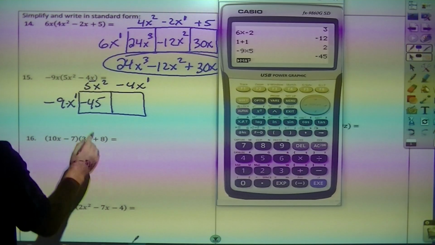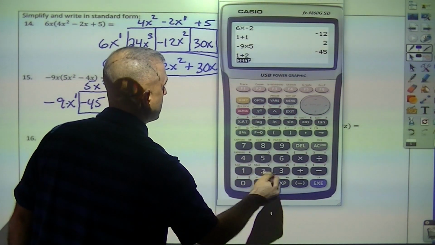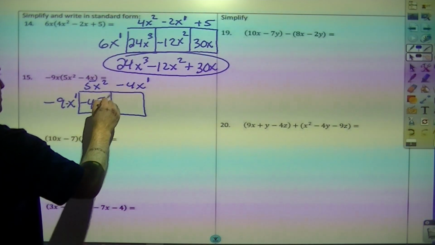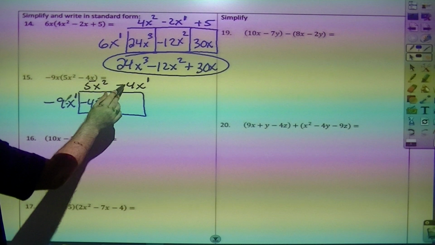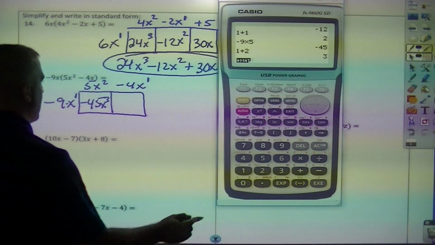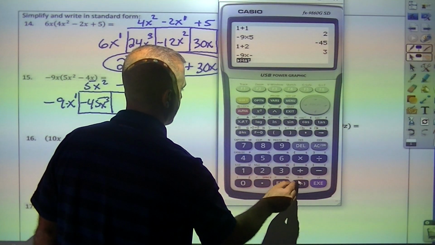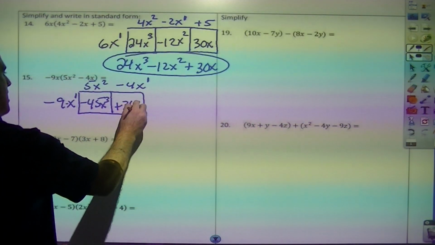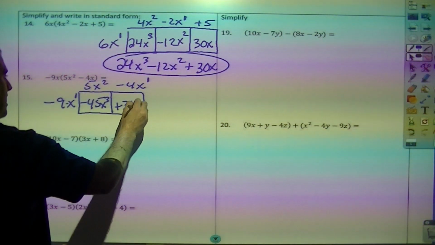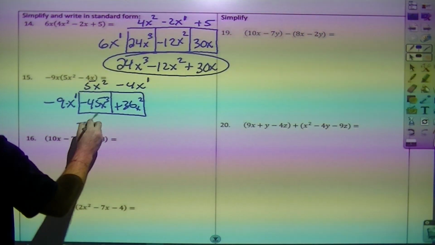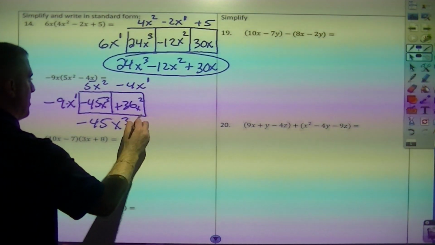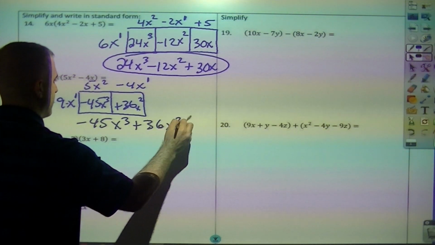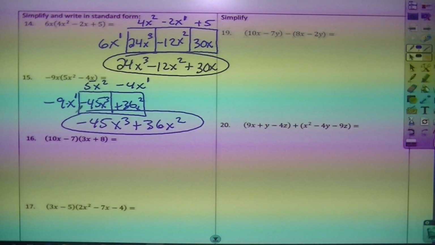I am adding the exponents, which is 1 and 2, which is 3. Then I'm going negative 9 times negative 4, which is positive 36. And if I add 1 and 1, it would be x squared. As you can see, these terms are both different, so there's nothing to combine. And so that would be my answer.